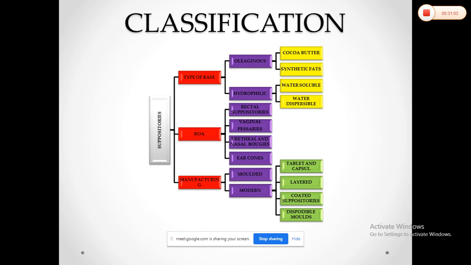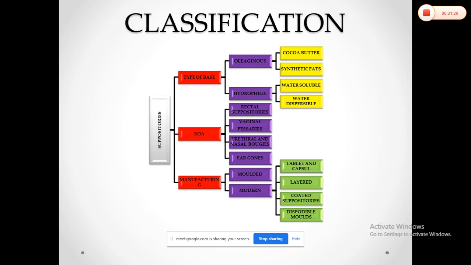Then the last one, coated suppositories. The name itself gives it away, it has some coating. These suppositories are coated by dipping them in solutions of coating materials like polyethylene glycol, or we can use cetyl alcohol for the coating purpose.